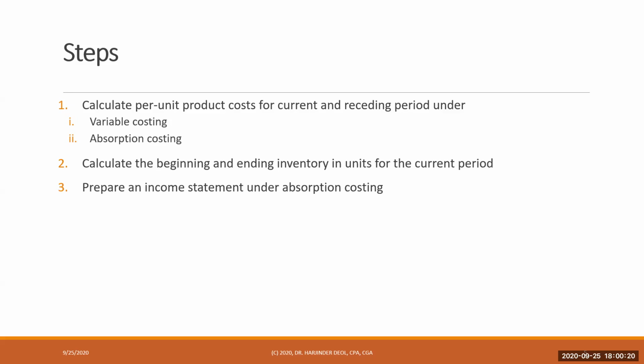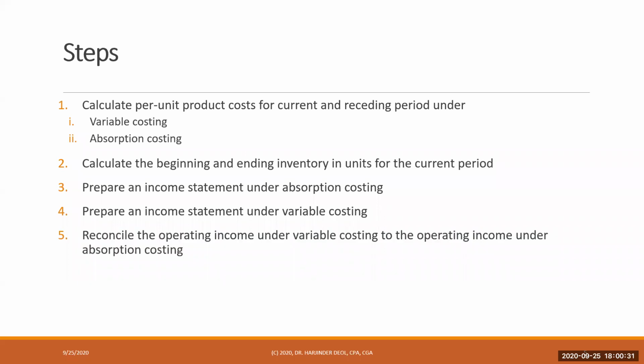You should then prepare an income statement under absorption costing and an income statement under variable costing. Finally, you will reconcile the operating income under variable costing to the operating income under absorption costing. We will take a look at each of these steps in greater detail shortly.